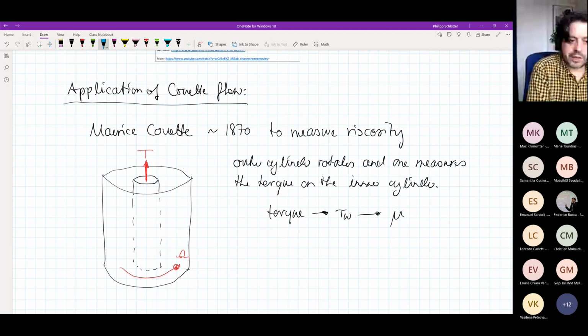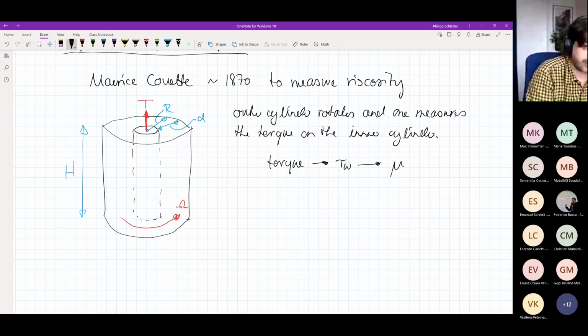Let's put some geometrical values here. Let's say this whole thing had a height of capital H. Let's say that the radius of the big cylinder was capital R. And let's say that the gap between the outer and the inner cylinder is little d. So with this, we have defined the geometry.